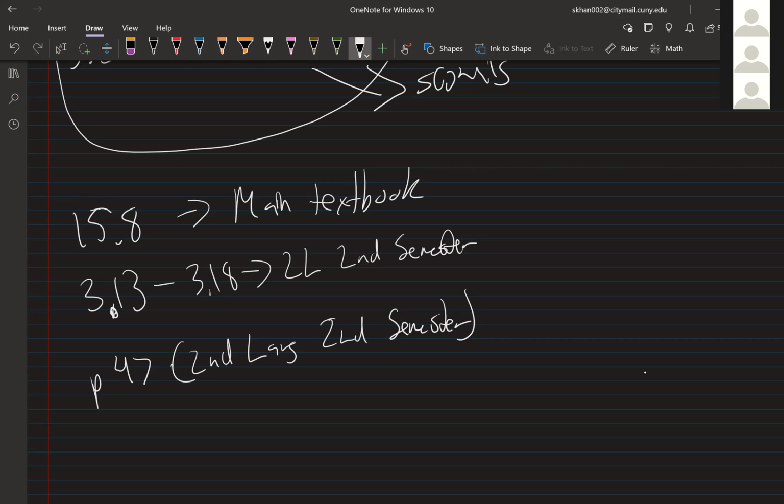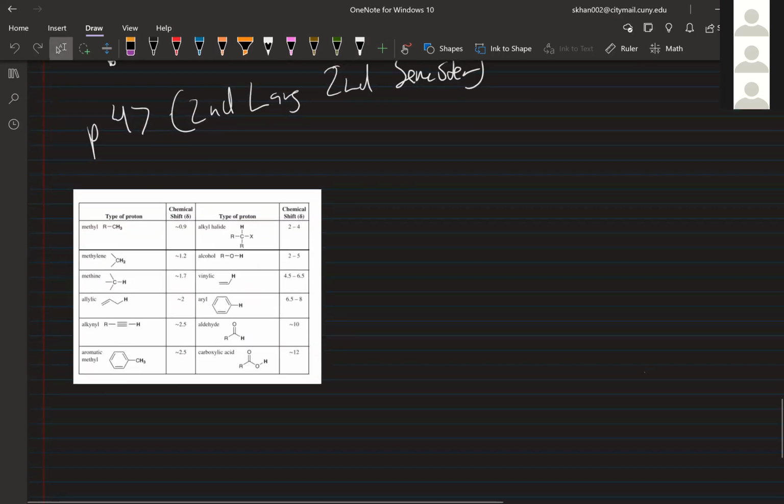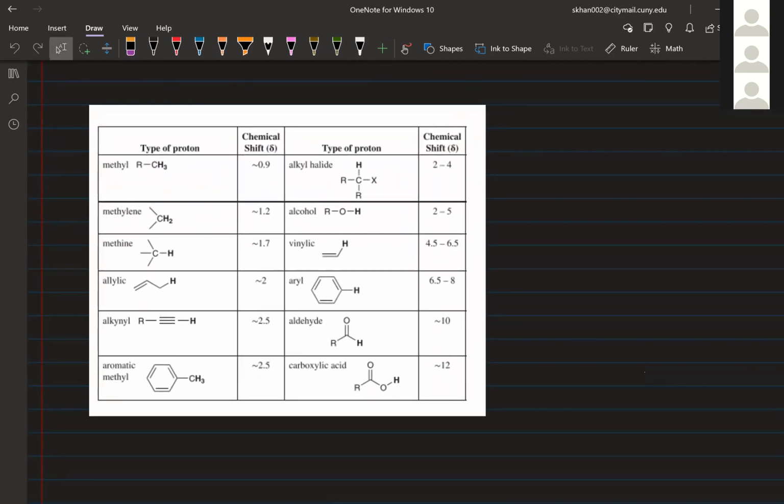Actually, let me just copy and paste that into the notes here. Just realized that would be better to do. One note. So this table right here gives you a good approximate shift.